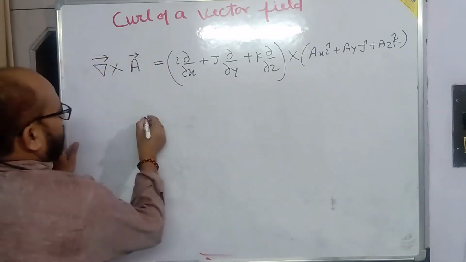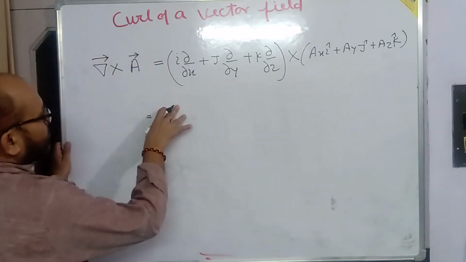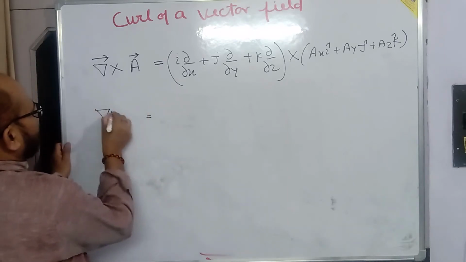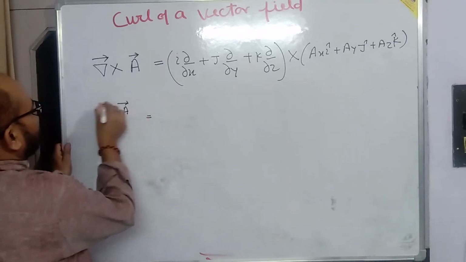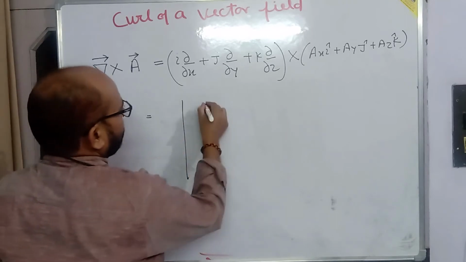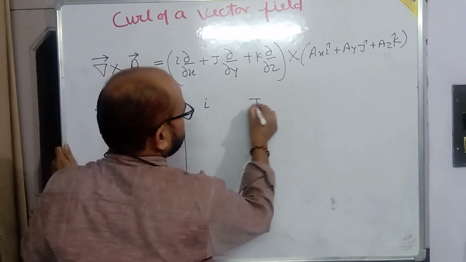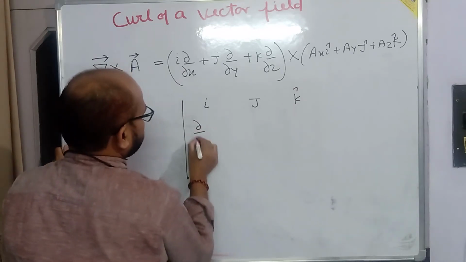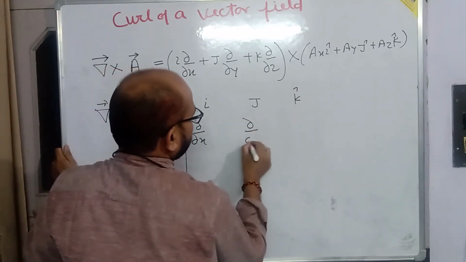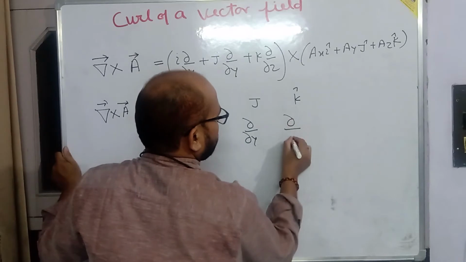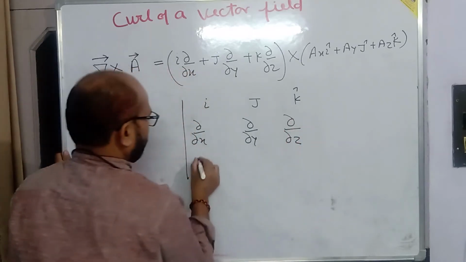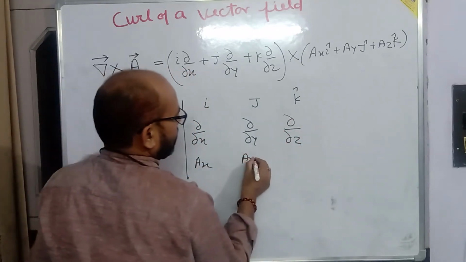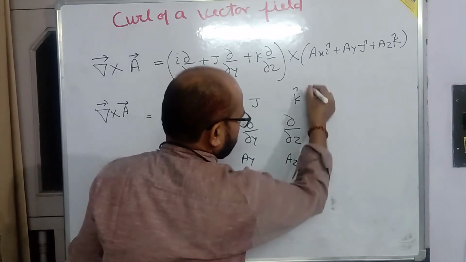You can write del cross A in determinant form: i cap, j cap, k cap; del by del x, del by del y, del by del z; Ax, Ay, Az.